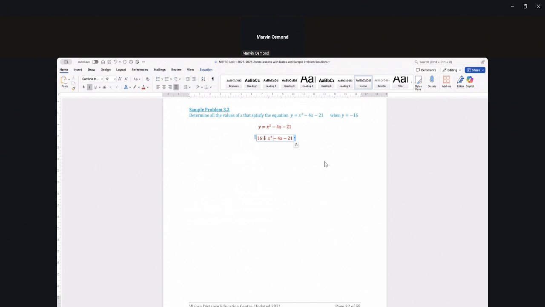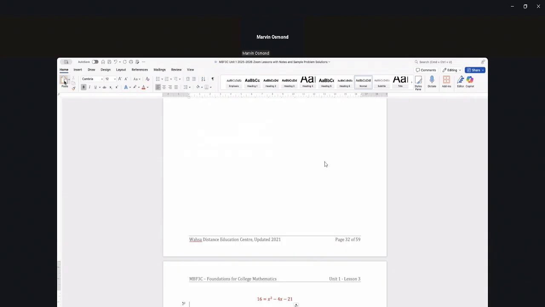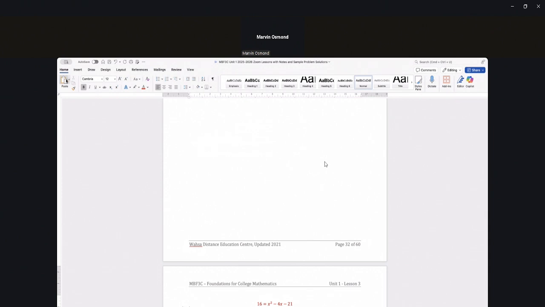Okay, so now what we need to do, in order to solve this, is set this equal to 0. So I need to subtract 16 from this side of the equation. So I'm just going to copy that. Make that a copy and then come down to here. It's not cooperating today at all. It's just being a pain.